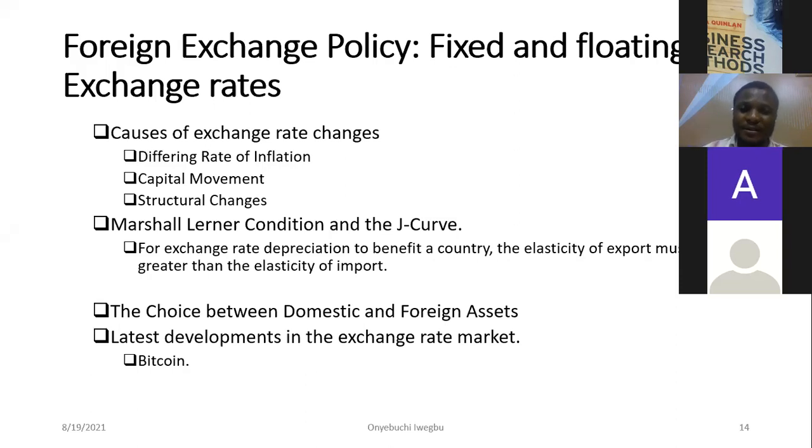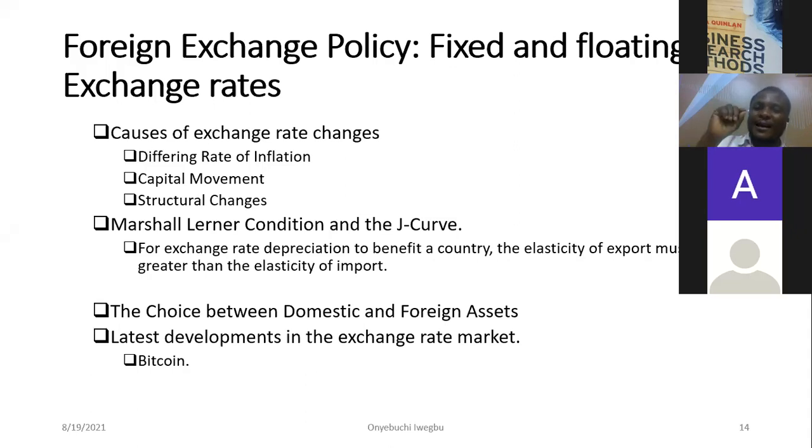Okay, now the basic thing we need to understand is that, number one, the major reason exchange rates keep depreciating is because of our foreign exchange earnings. Our foreign exchange earnings, all right, once it is declining, exchange rate will be impacted.